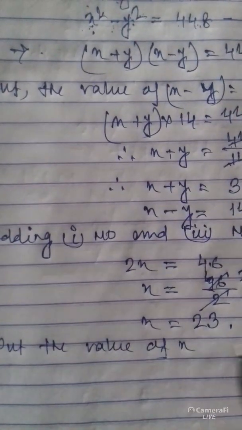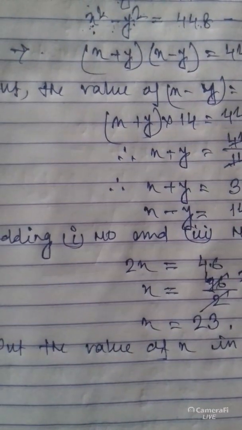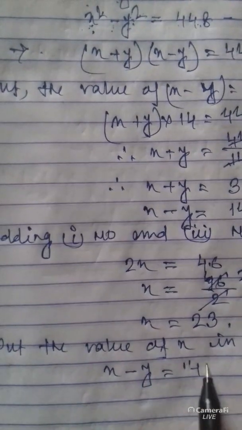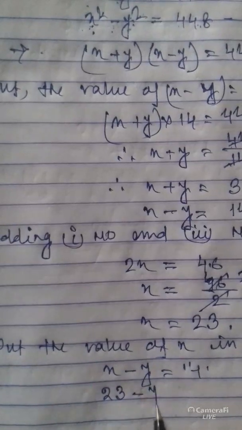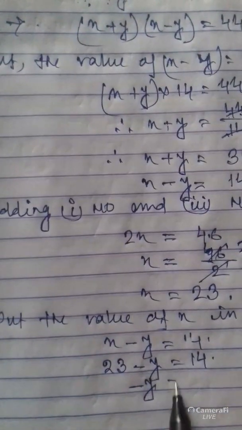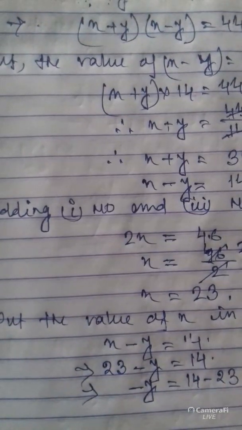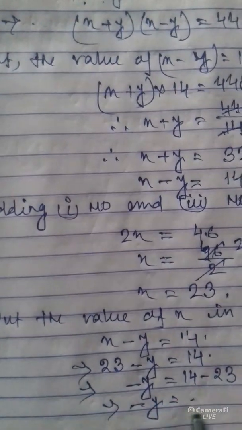Now put the value of x in the one number equation. Our one number equation is x minus y equal to 14. So 23 minus y equal to 14. Therefore minus y equal to 14 minus 23. So minus y equal to minus 9.